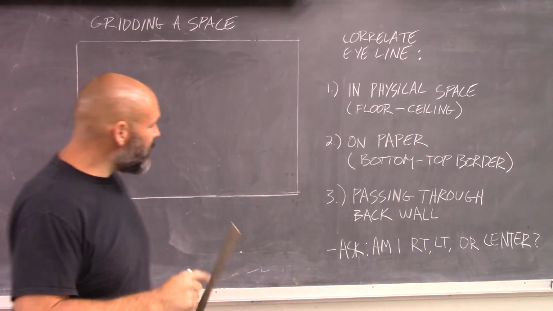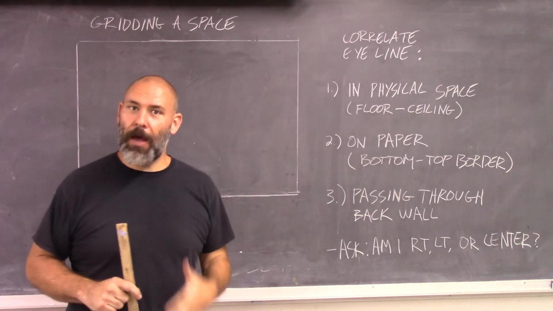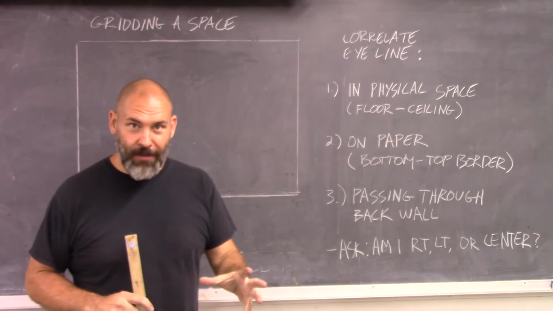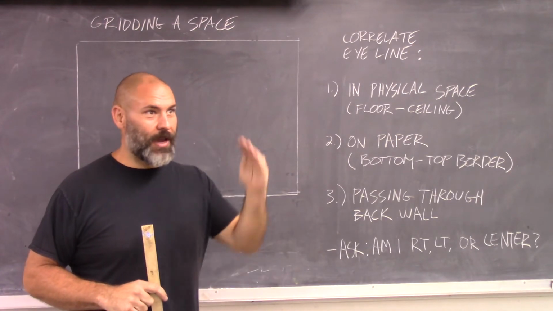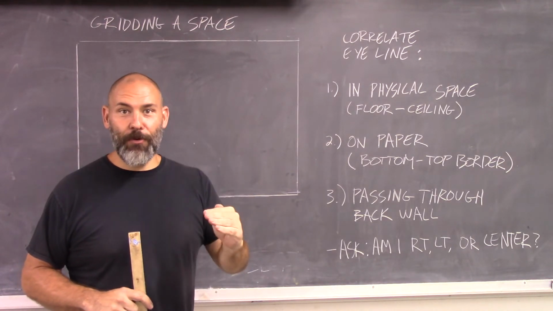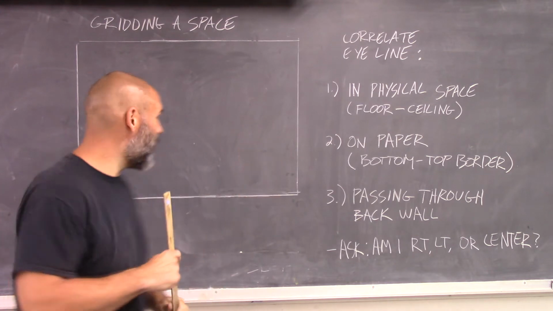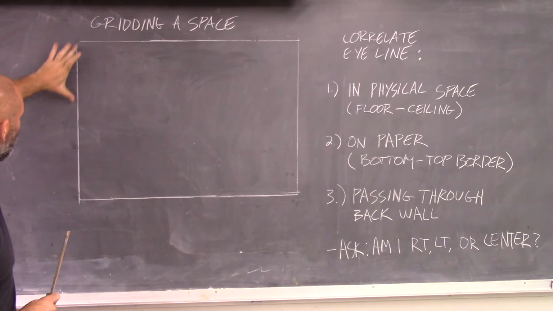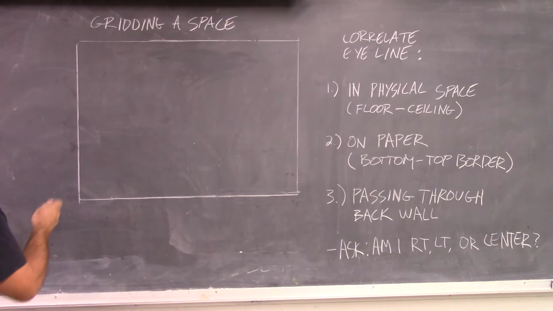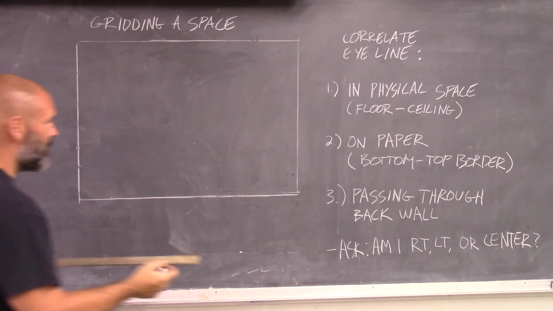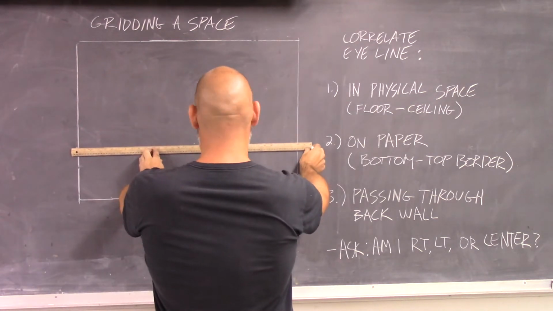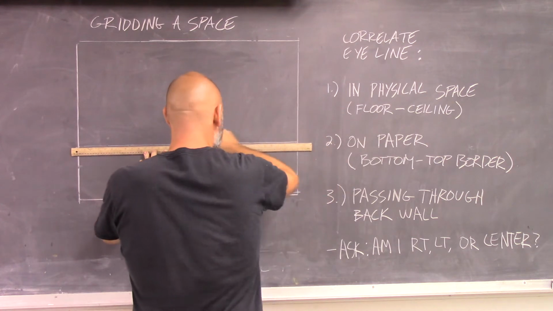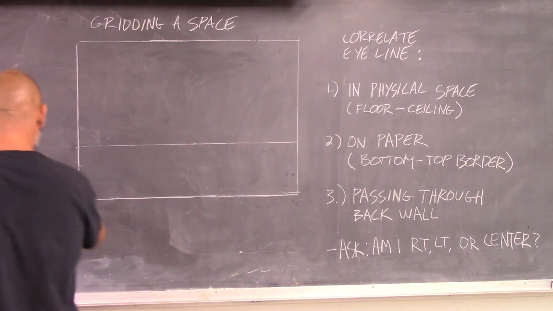Okay, so let's imagine that we are just going to do a really basic hallway drawing. Okay, I'm sitting on the floor. I realize, okay, maybe my eyes are about a third of the way from the floor to the ceiling. Okay, I want to find roughly 1/3 of my drawing, and this is going to be my eye line or horizon line.